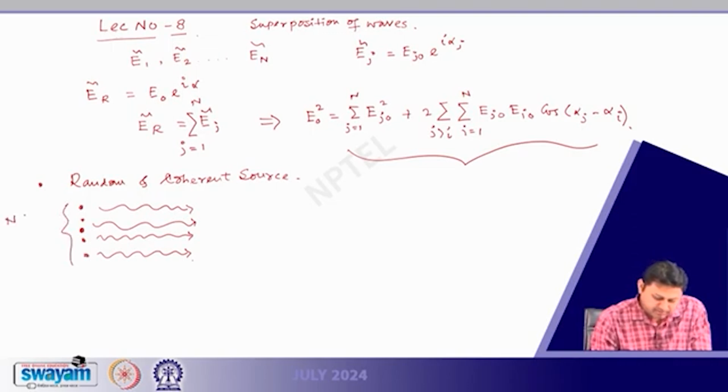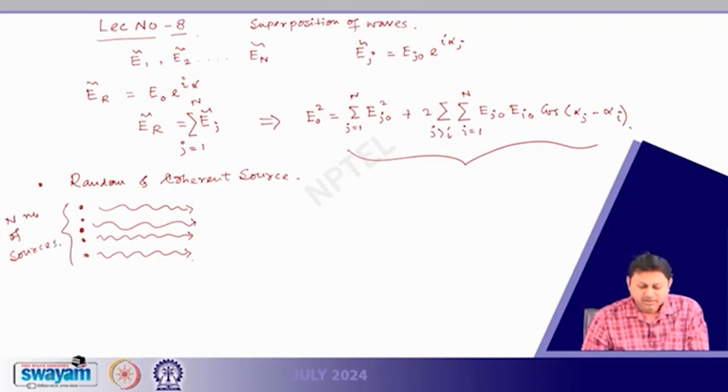Let me draw it properly. These are n number of source points which are emitting light or emitting waves. These waves are randomly phased. That is, at a given time, there is no phase relationship between these waves.